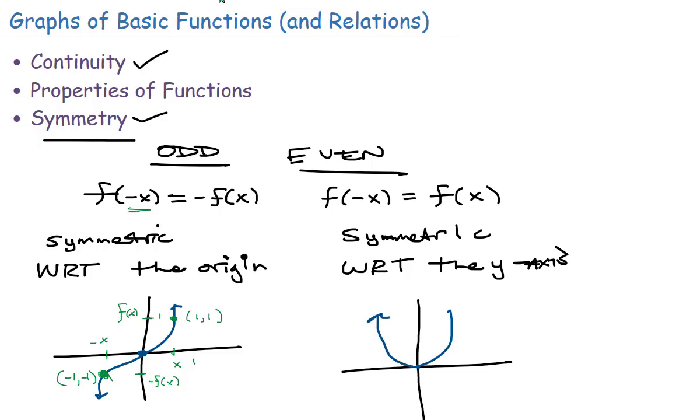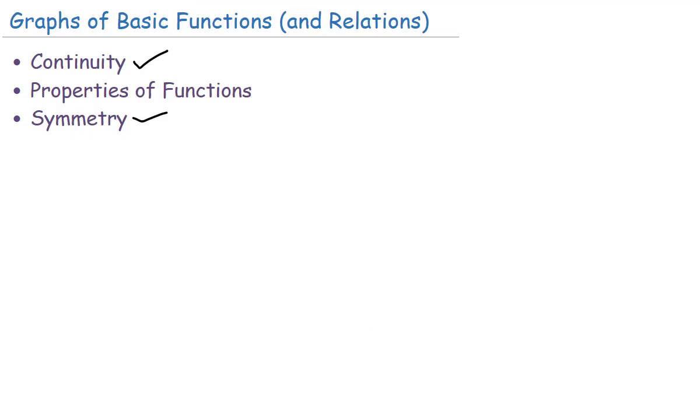Think of the y-axis as the mirror line. If I have a point x, f of x, I get the same y value if I plug in a negative x over here. That's the symmetry across the y-axis.